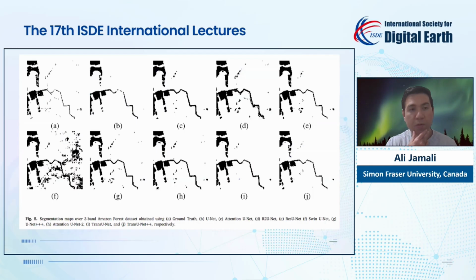So this is one of the examples of ground truth, U-Nets, attention U-Nets, and other models that we tested. The worst was SUNet. It was really interesting, but you can see TransUNet++ could capture small scale and large scale patterns.